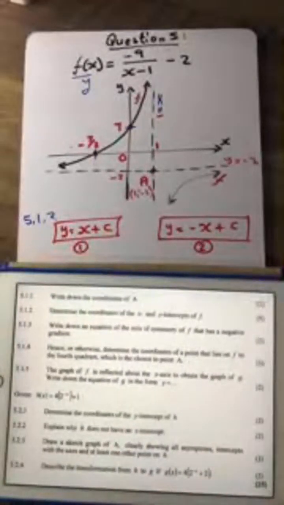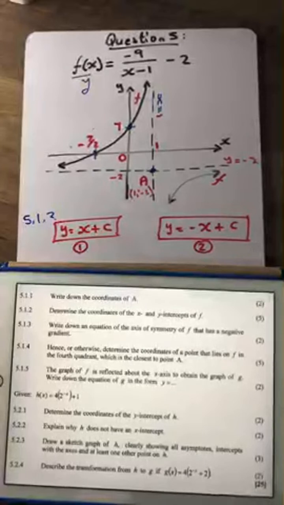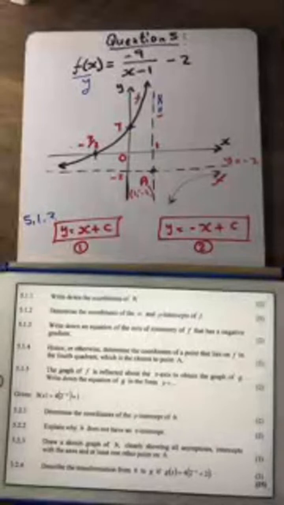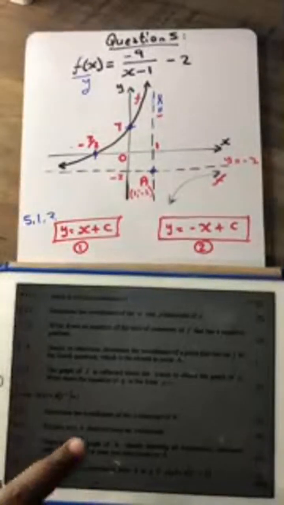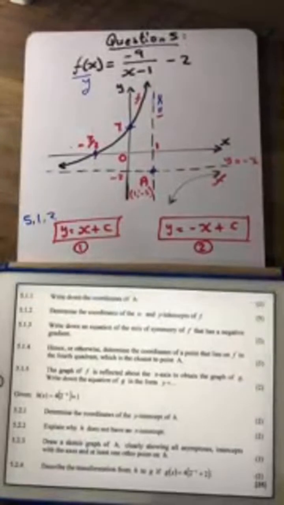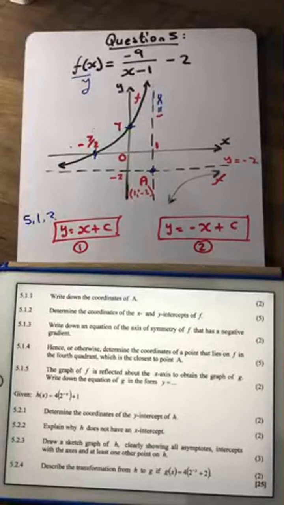Between equation 1 and 2, which one, according to the question, are we supposed to use, and why?